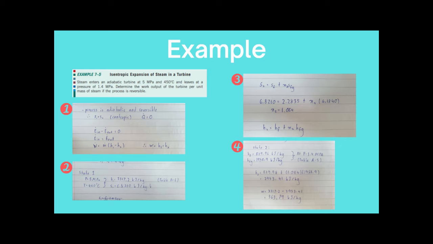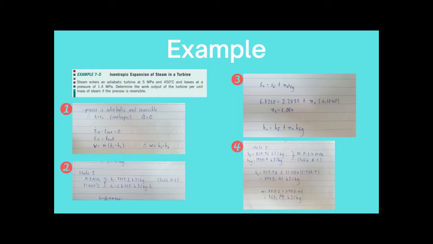At step number 2, we can see that at state 1, P equals 5 megapascal and temperature equals 450 degrees Celsius. And then from table A6, we can get the values of H1 and S1. Next, at step 3, we know that S1 equals S2. So we use the formula S2 equals Sf plus x2 Sfg.